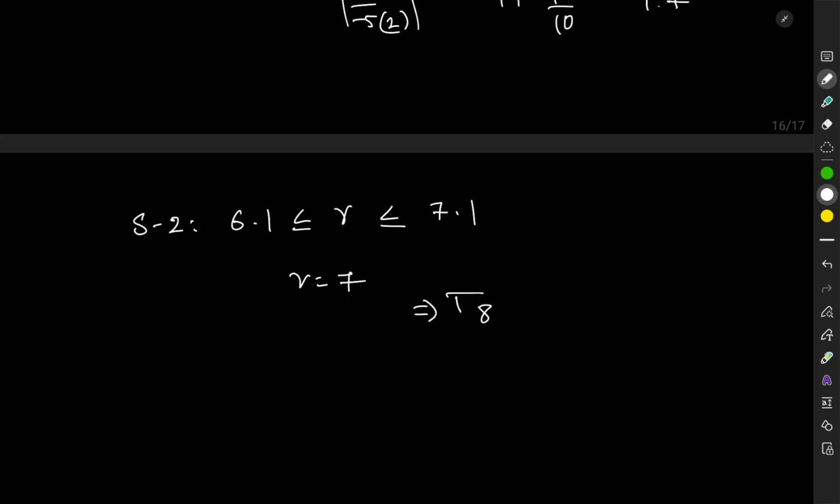Okay, now are you comfortable, or yeah, let me go for another question. Okay, we need to find the numerically greatest term in this expansion when x is equal to 1 by 5.